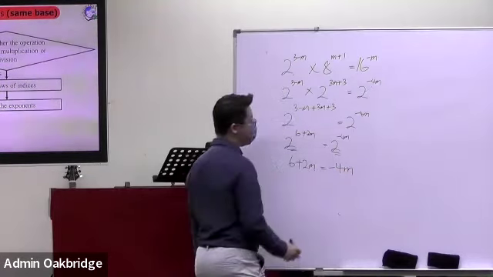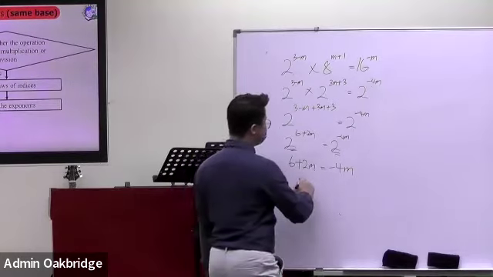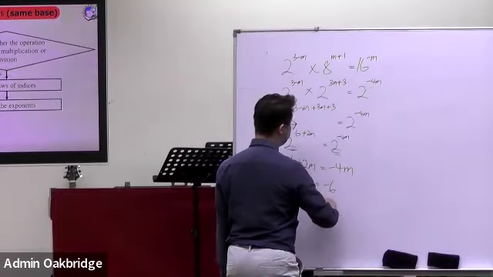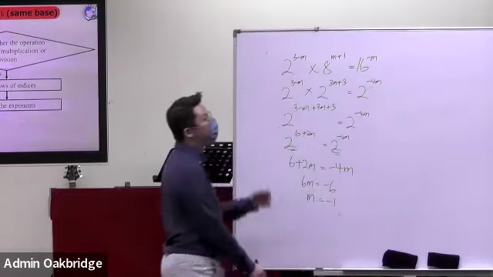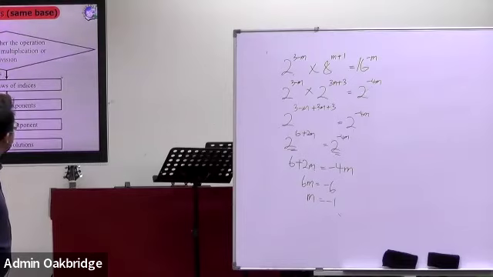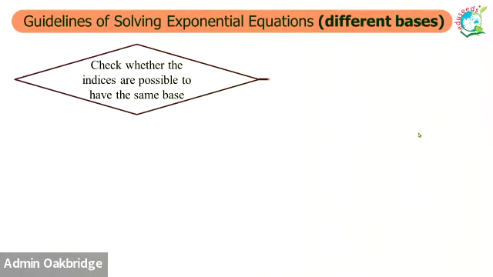And now you solve this equation. In the end, you have m equals to -1. So this is a typical question on indices. It's not that hard. Let's check another one.